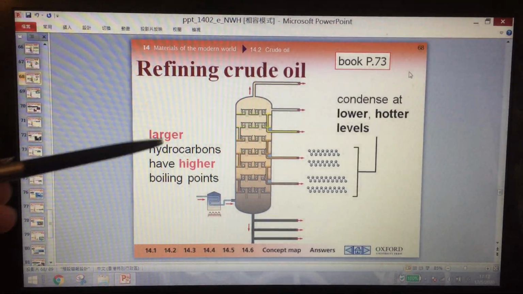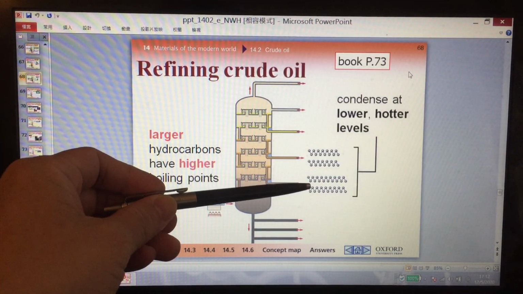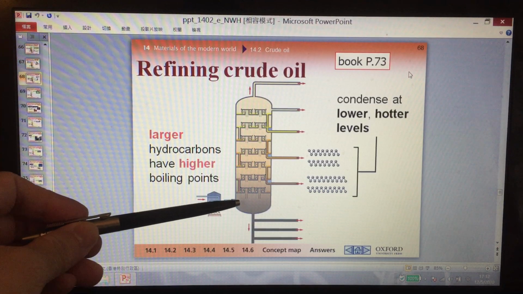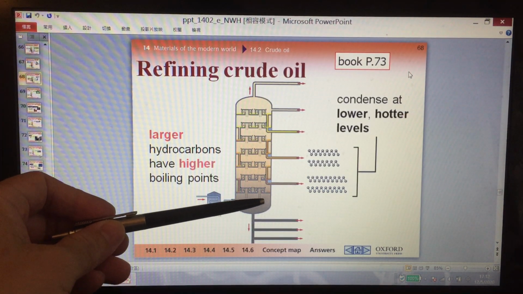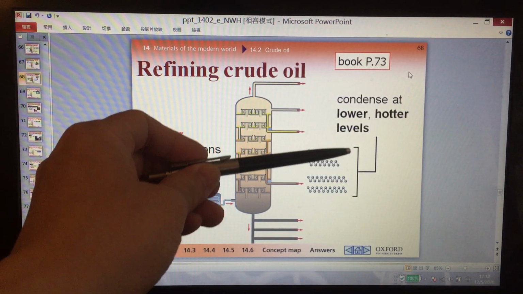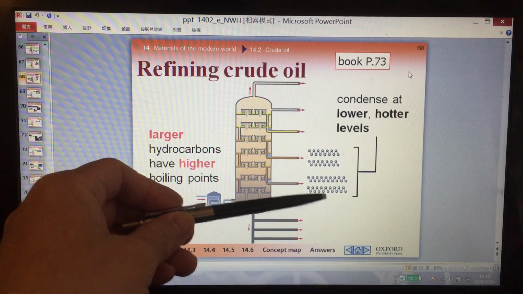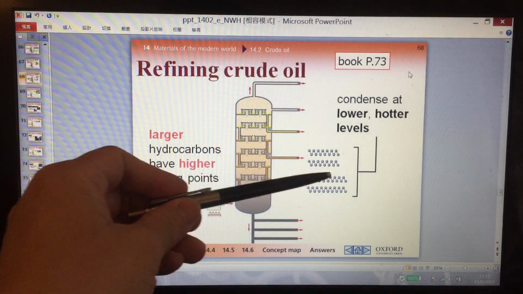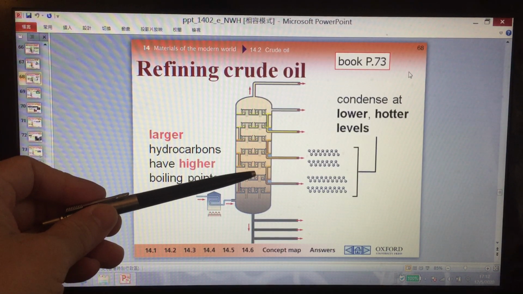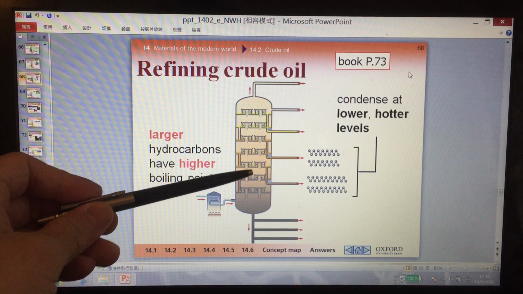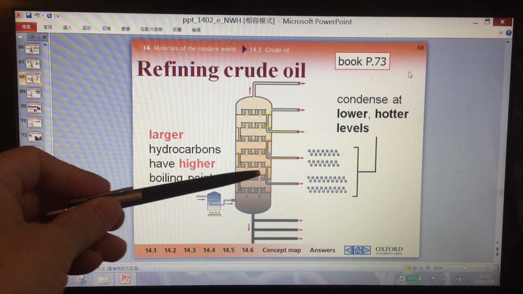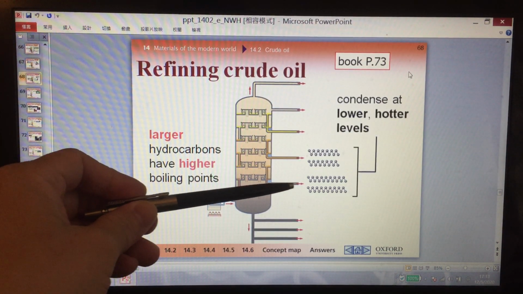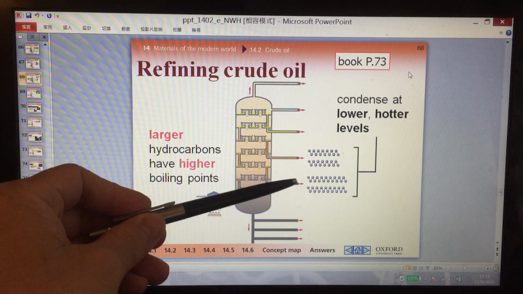But for the large size and quite large size, after 400 degrees Celsius, they become gas and then will go up. But as the molecule size is large, their boiling point is higher, and then it will be cool enough for them to condense to become liquid, and then they will leave the tower.